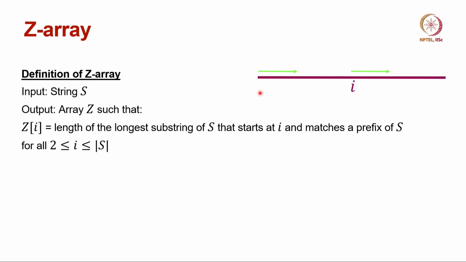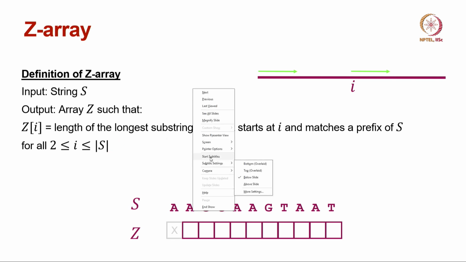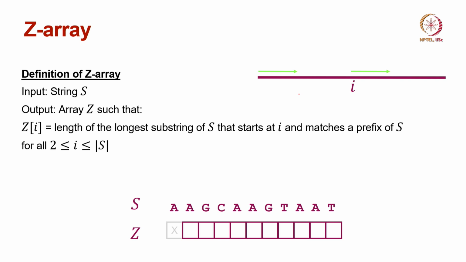And we will define this Z array for all values of i ranging from 2 to size of S. Just to see an example, let us compute the Z values of the following example. As I said, the Z array is only defined from position 2 onwards.